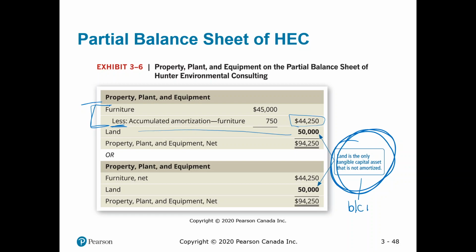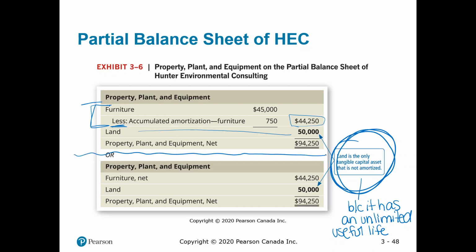And that's because it has an unlimited estimated useful life. So we can't amortize it because it's going to last forever and have that value and usefulness to us. The second method here is just a less detailed version. So all it shows is furniture net, and it shows that book value that we've calculated.